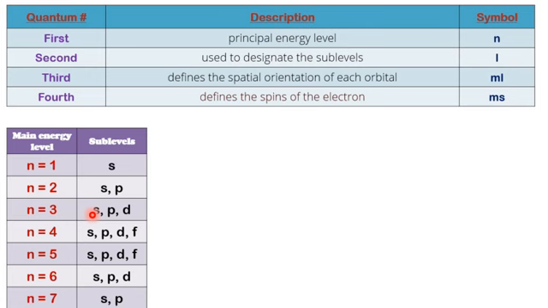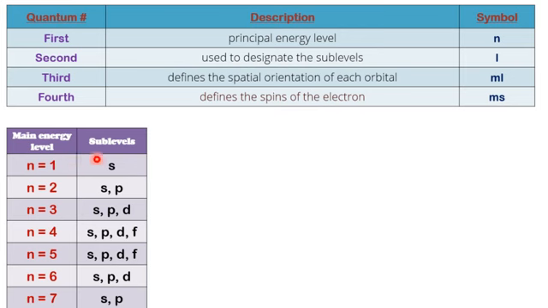When you see 1, it is the first. When you see 2, that is the second energy level. 3 refers to the third energy level. 4 means the fourth energy level. 5 pertains to the fifth energy level, and so on and so forth.